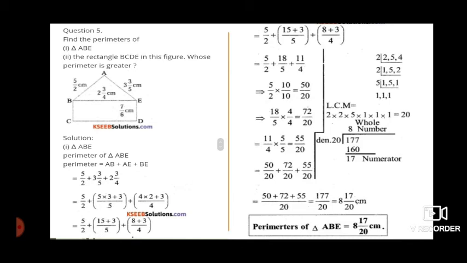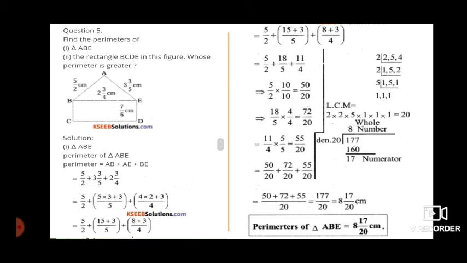So we get 72 by 20, that is 18 into 4 is 72, 5 into 4 is 20. Next 11 by 4: to get 20 we have to multiply by 5. So 11 fives are 55 by 4 fives are 20.